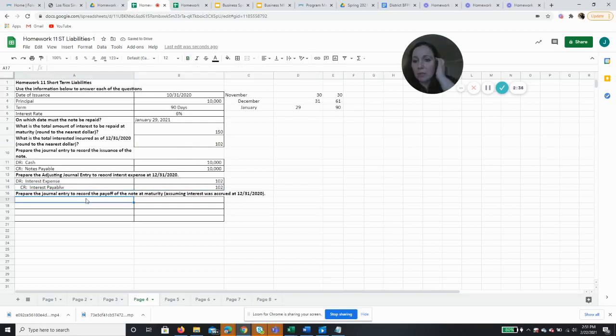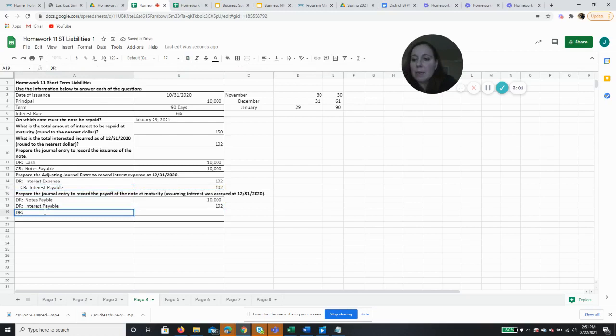Then when it comes time to actually pay off the note, we are going to debit notes payable for the principal. We're going to debit interest payable for the interest we've already accrued, so we don't want to double book that interest expense. Oh, that really got away from me, didn't it?